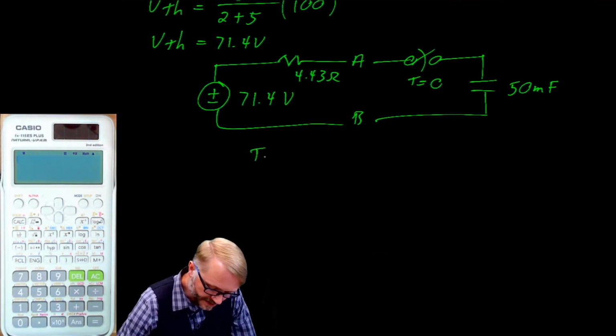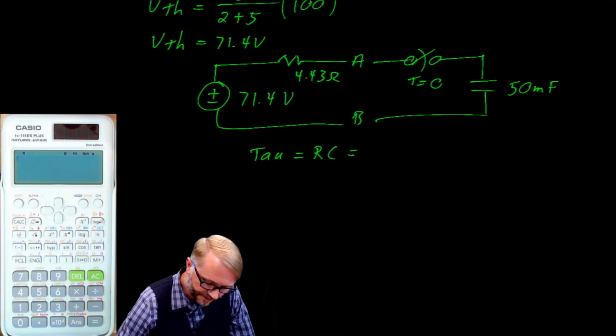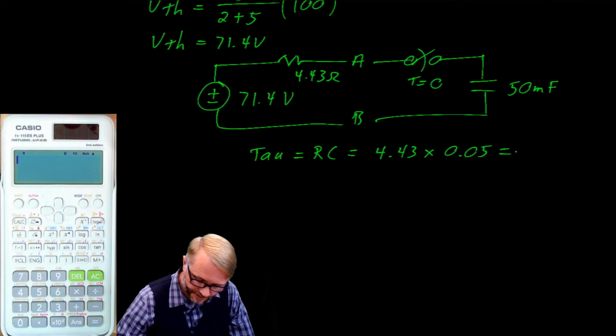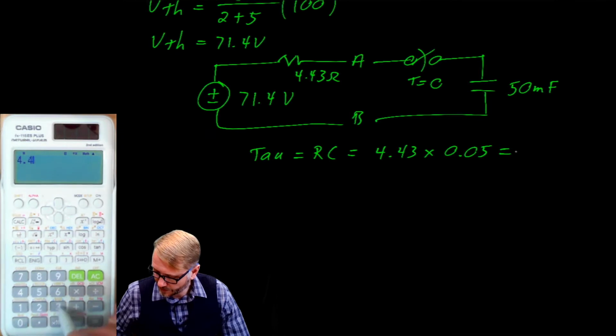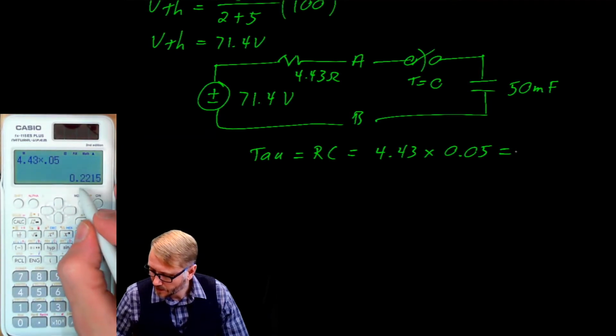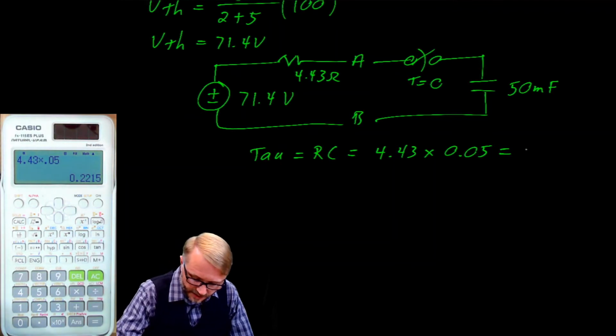The time constant, which is tau, is equal to the product of RC, which in this case is 4.43 times 0.05. 4.43 times 0.05 equals about 222 milliseconds.